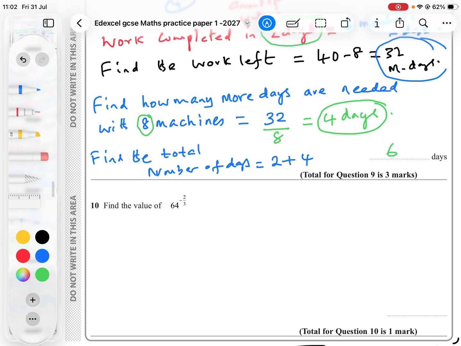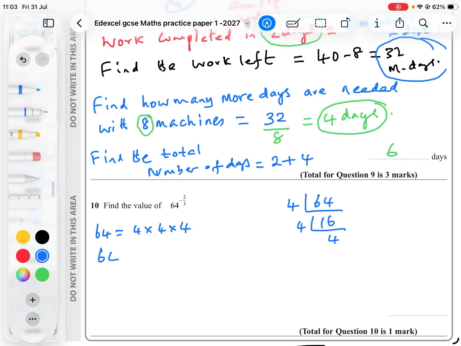Now 64 divided by 4, 16. 4 times 16, 64, 4 times 4, 16. We can stop. Now 64 can be written as 4 times 4 times 4.